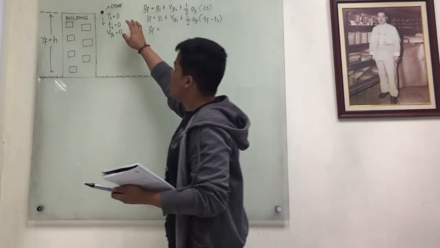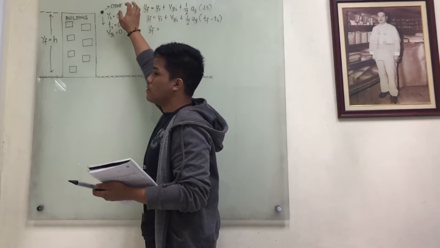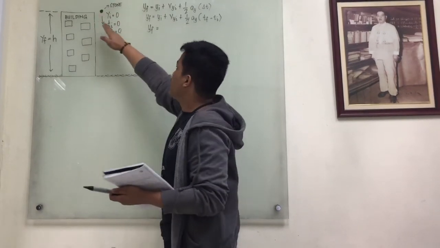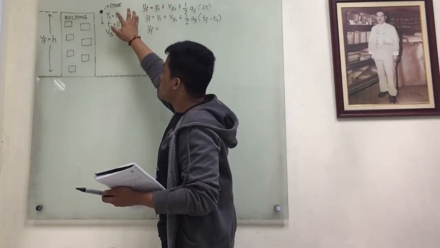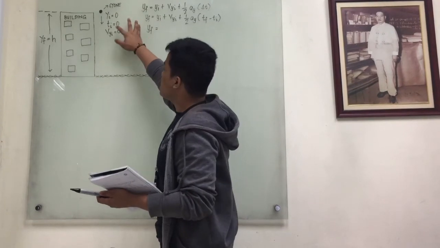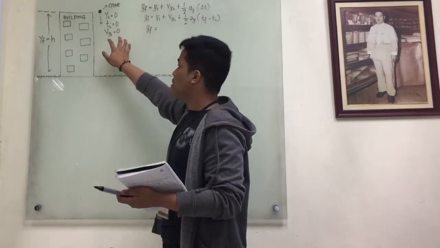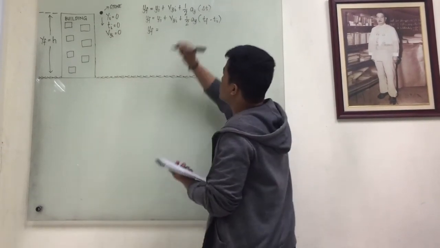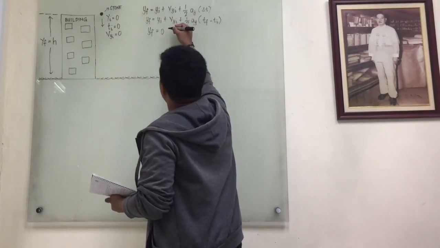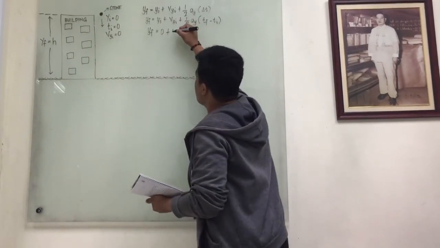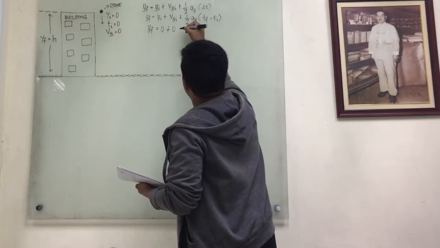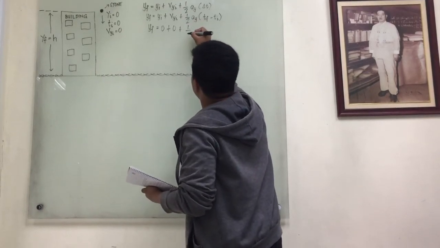Since the stone is dropped from the top of the building, the initial position is equal to 0, the initial time is equal to 0, as well as the initial velocity is equal to 0. So YI is equal to 0 plus initial velocity is equal to 0 plus 1/2.